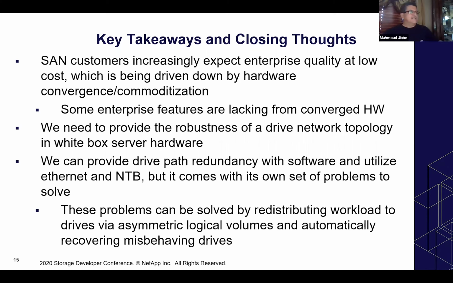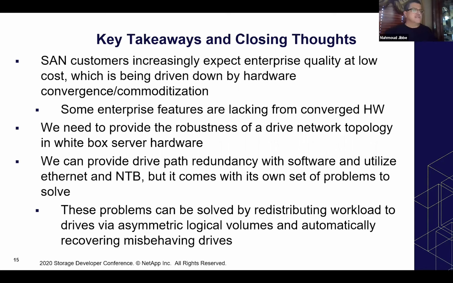We need a product that meets that enterprise quality. The takeaway also is that you can look at these enterprise features that are lacking from converged hardware. Also, we need to provide robustness of drive network topology, especially in white box server hardware, without impacting the performance, without losing the redundancy, while maintaining low cost with enterprise quality.